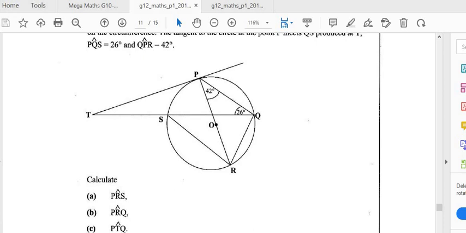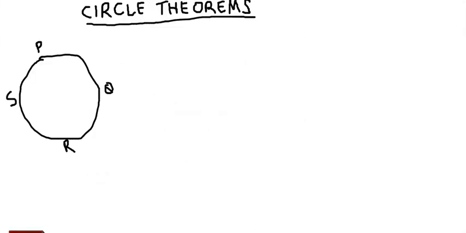Then we have 2 angles that are coming from QR. So we have a chord here, which is also going to S. Okay, that is coming from P. All right.